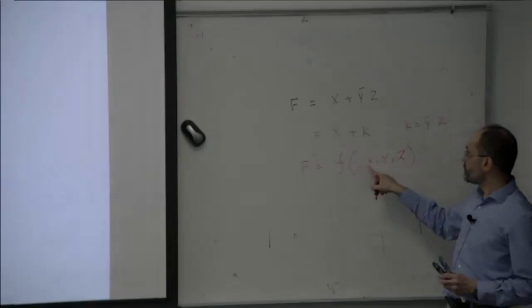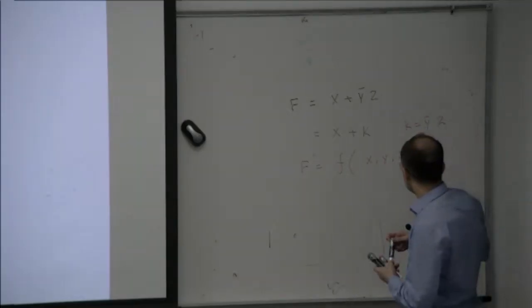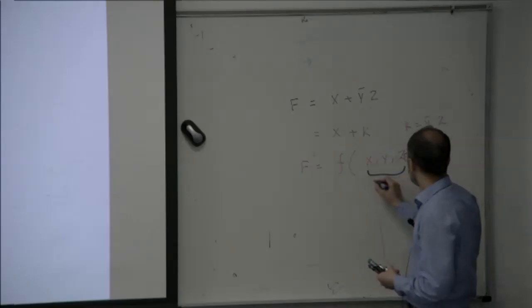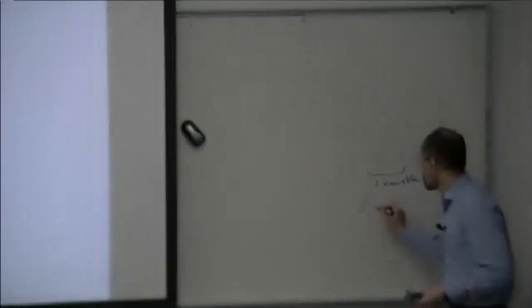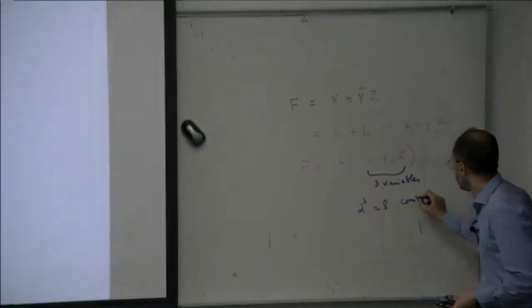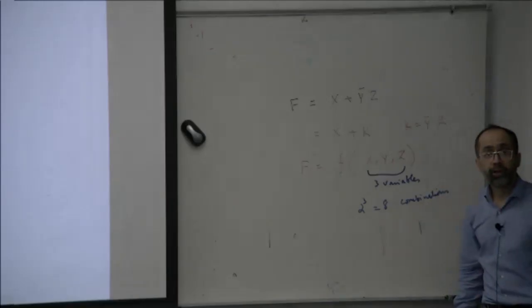So there are 3 variables. How many combinations? We have 2 raised to power 3 is equal to 8 combinations.